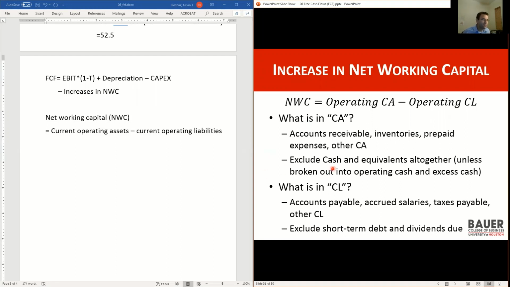Things like cash will show up on your balance sheet as a current asset, but we are not going to include them generally. Now, why is that? Well, we talked about this with enterprise value. Companies have a lot of cash that is not part of their operations. For free cash flows, we are only interested in the operations of the business.